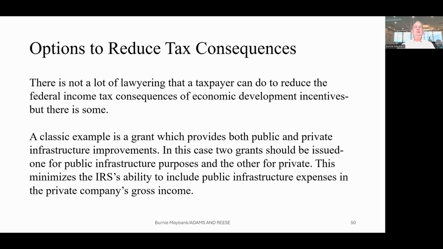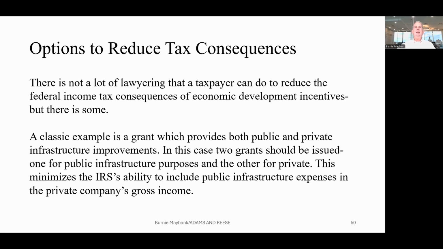And in many cases, the public infrastructure purposes are done purely to benefit one particular private entity. They're done to benefit one manufacturer, which is going in there and using the public road, water, and sewer. So it's not a big stretch for the IRS to claim the public infrastructure funds are taxable to the manufacturer.